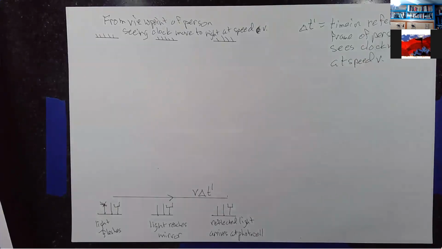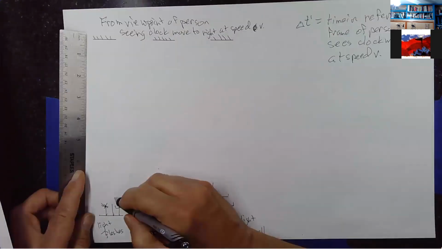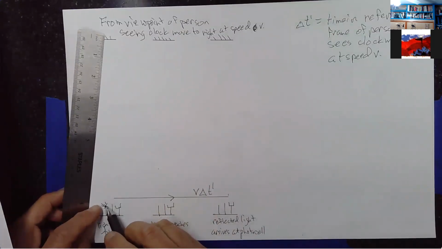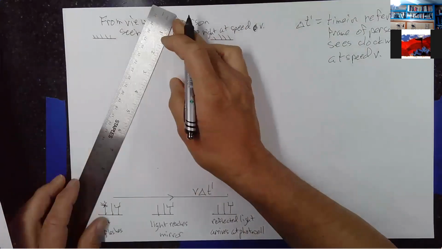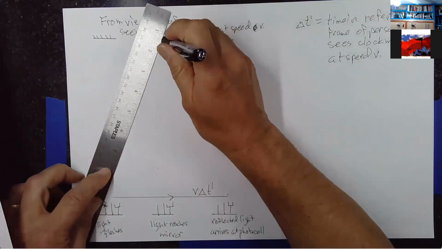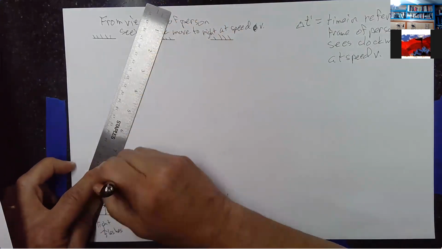And we'll see how that works out. Well, for one thing, in their reference frame, the light is going to travel from the light source up to the mirror, but it's not going straight up to the mirror. It's going to have to be going at an angle.